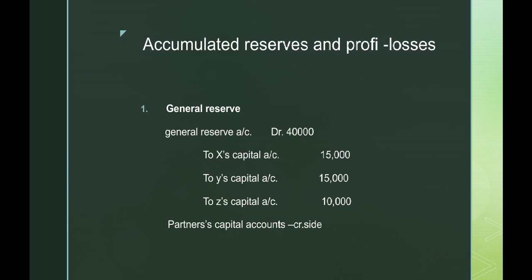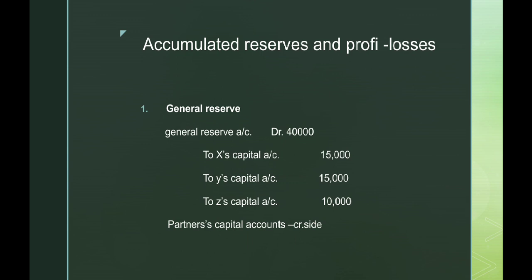So the journal entry for this is: general reserve account debit 40,000 to X's capital account, to Y's capital account and to Z's capital account. 40,000 has been distributed in the old ratio, which is 3:3:2. It is mentioned in the question. Okay, so this is the journal entry. You can also see this journal entry in your textbook on page number 228.